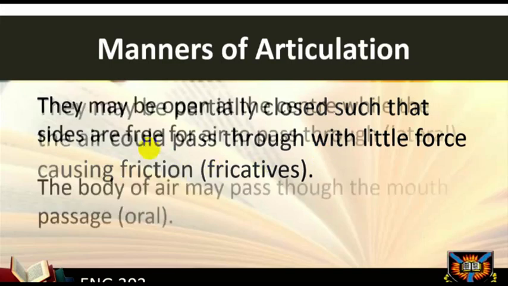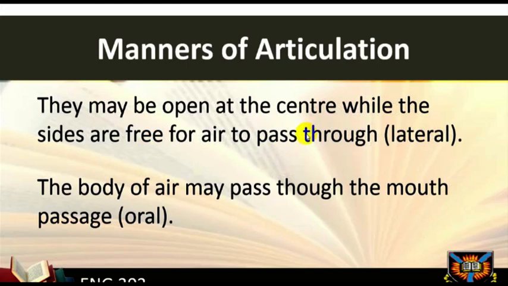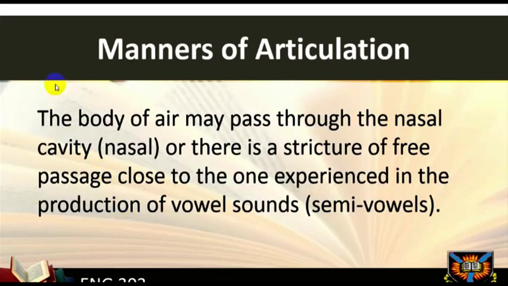They may be closed at the center, while the sides are free for air to pass through: lateral. The body of air may pass through the mouth passage: oral. The body of air may pass through the nasal cavity: nasal. Or there is a stricture of free passage close to the one experienced in the production of vowel sounds: semivowels.